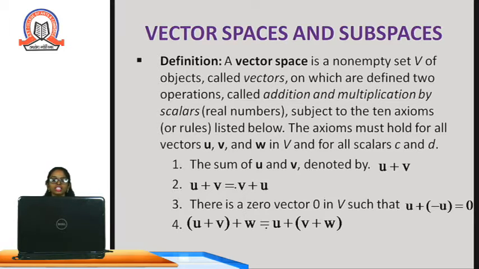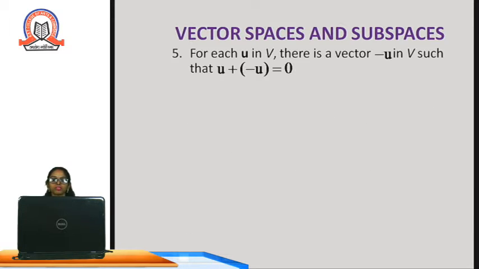Next one: there is a zero vector in V such that u plus 0 is equal to u. Fourth rule: u plus v plus w is equal to u plus in bracket v plus w. This rule is called the associative rule in addition.